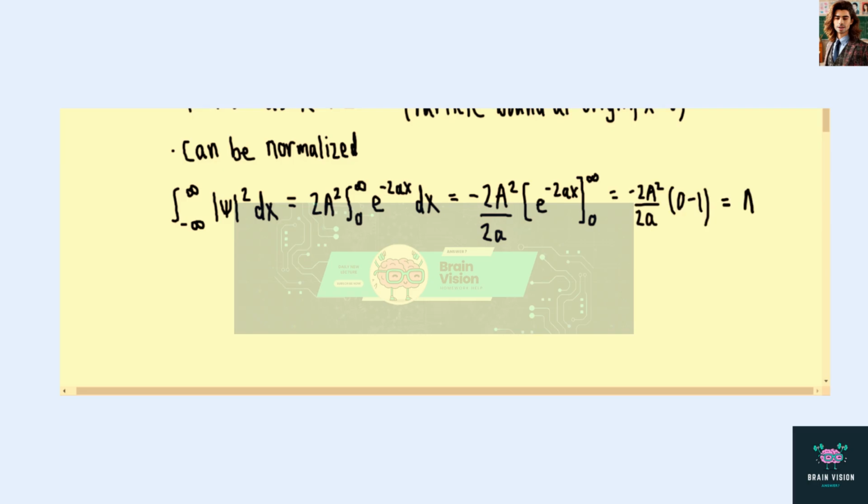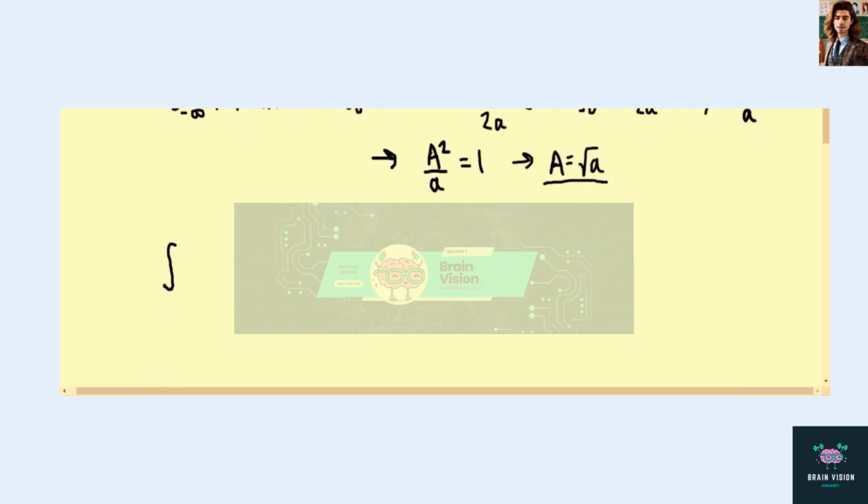So you carry out the integral and you evaluate at the endpoint 0 and x approaches positive infinity, and you finally get that capital A squared over little a must equal 1, which means that capital A equals the square root of little a. So that's the normalization constant.